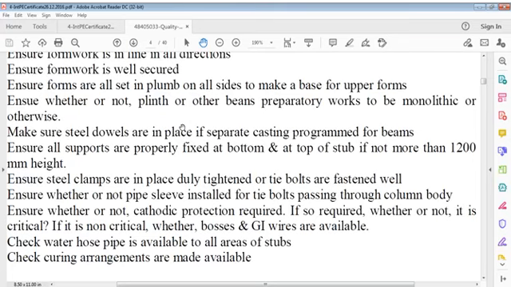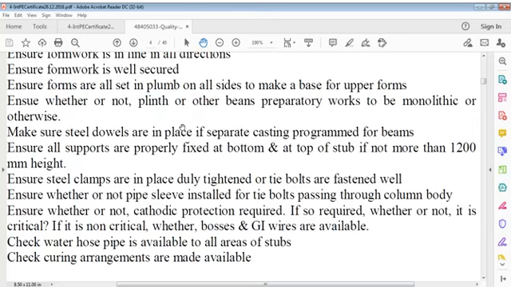But steel dowels are in place. Make sure steel dowels are in place for beams if separate casting has been programmed, because monolithic casting is complicated, it's very difficult to control. It's because of the beam, it's not a structural one. Sometimes we can say okay, you make more construction joints there and leave dowels for that and do it, but it's very complicated.